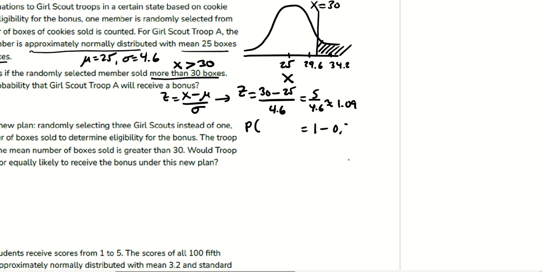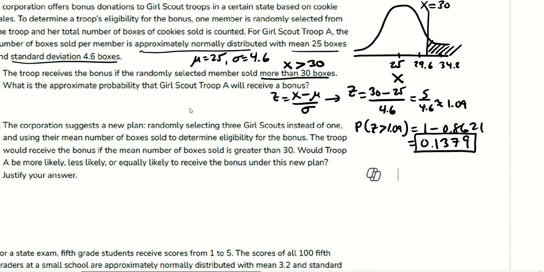So 1 minus 0.8621: the probability that z is greater than 1.09 is 0.1379. Okay, so this is using the table. So that's that one. Now let's do it with the calculator.